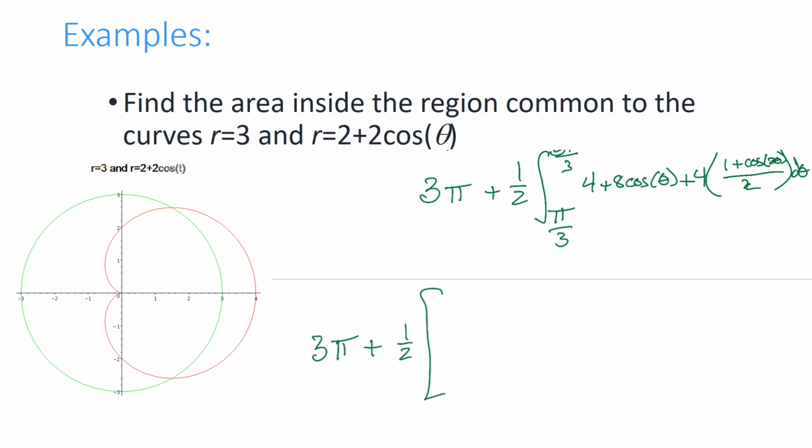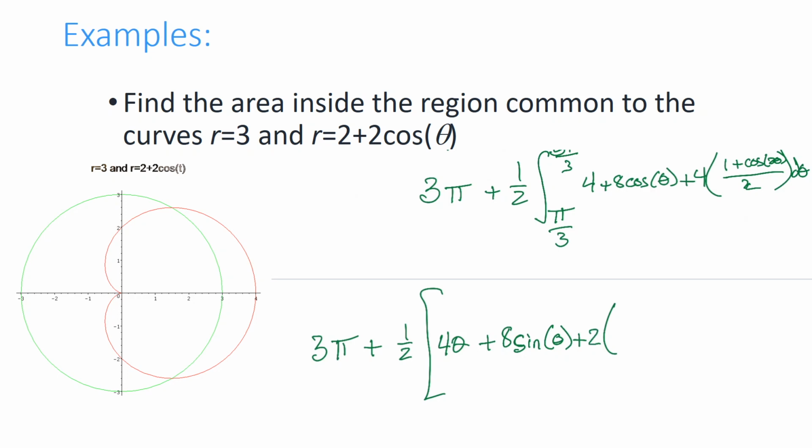Now I can finally do my antiderivatives. 4, the antiderivative is 4 theta. 8 cosine theta becomes 8 sine theta. 4 times, let's see, that 1 half, well, let's cancel the 4 with the 2, make it easier on ourselves.